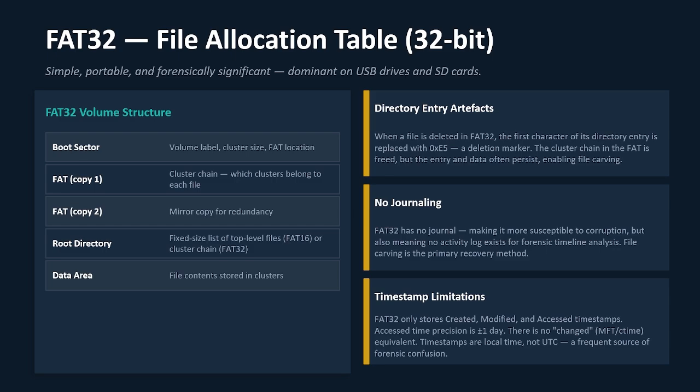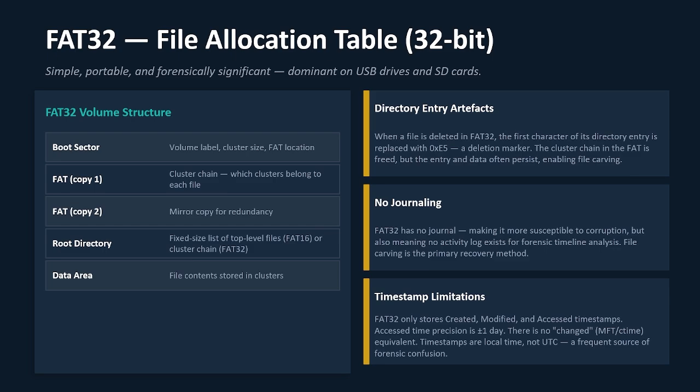So deleting happens a little bit differently. When a file is deleted, the first character of that entry is replaced with the hex 0xE5, which is the deletion marker. So that marks it as freed, but just like everything else, the data tends to persist until it gets overwritten by a later process.